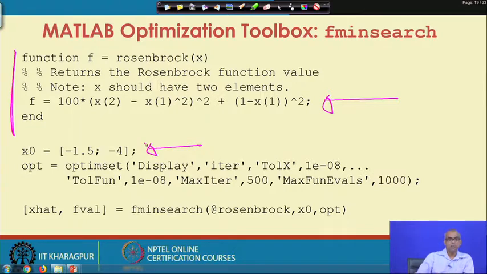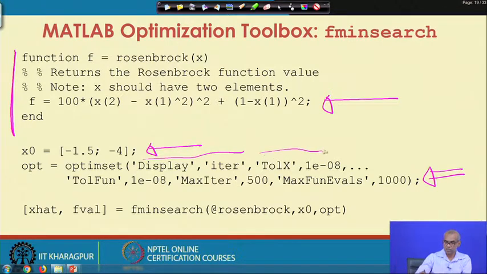The initial guess is given as the x0 vector, same starting point, I use minus 1.5, minus 4. Now, let us say I give these options. So, opt equal to optimset, Display iter, that means each iteration will be displayed.